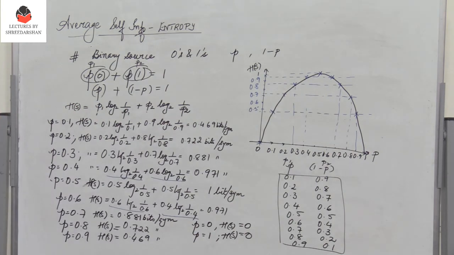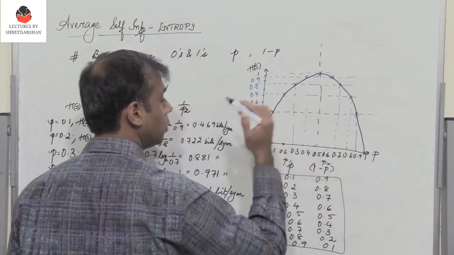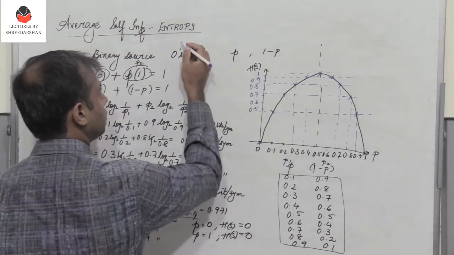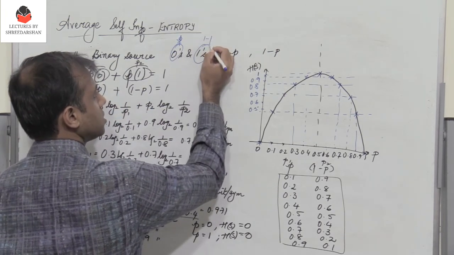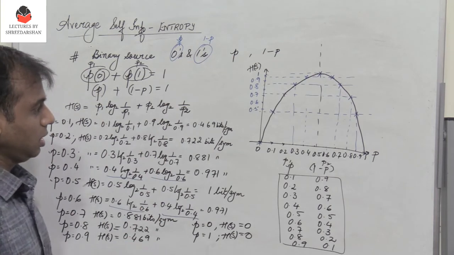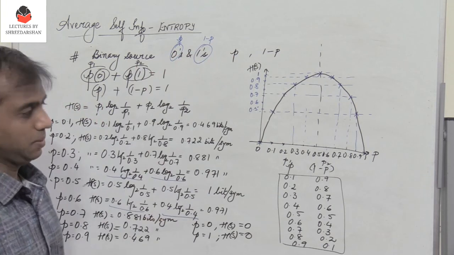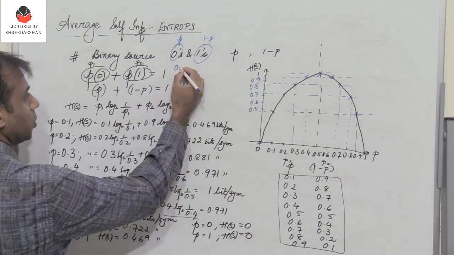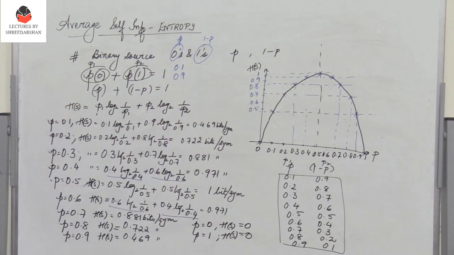You observe that the curve is absolutely symmetric about P equal to 0.5 for a binary source. That means if the probability of one of the symbols is P and the other one of course is 1 minus P, then the entropy would be the same if the probability is 1 minus P. So if the probability of 0 is 0.1 or 0.9, I get the same entropy.